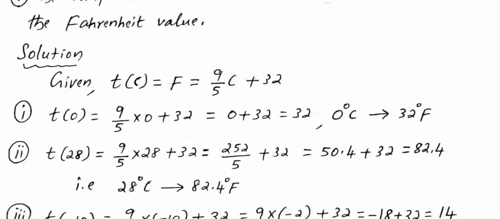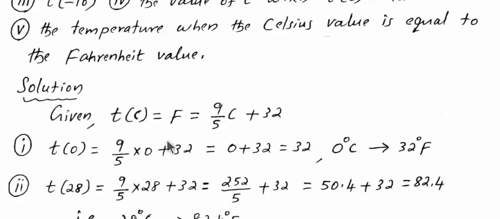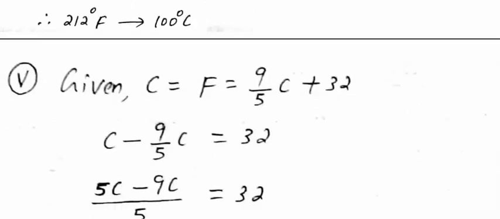Then the fifth one. The fifth question is to find the temperature when the Celsius value is equal to the Fahrenheit value. Here C is equal to F is given.